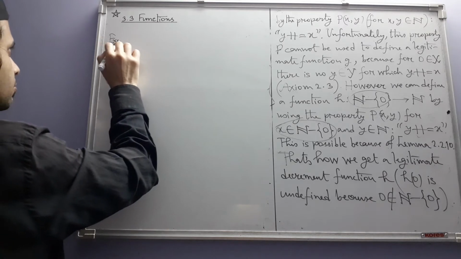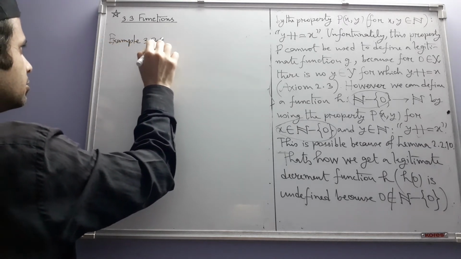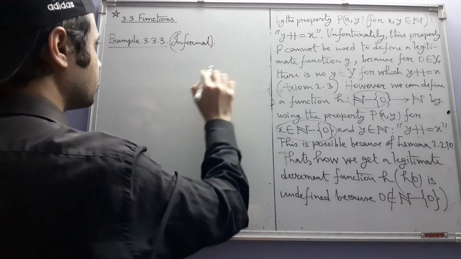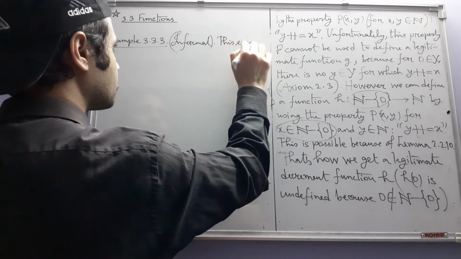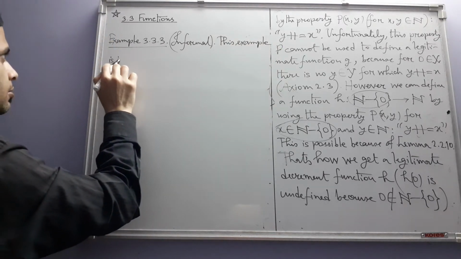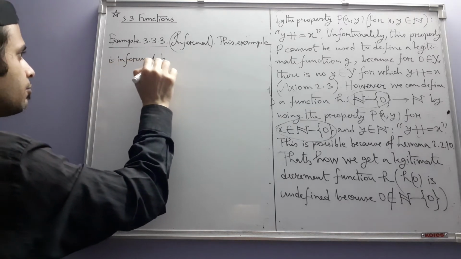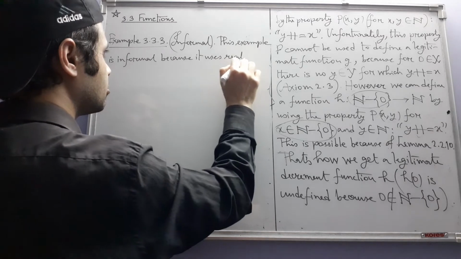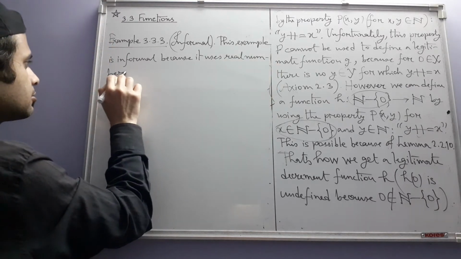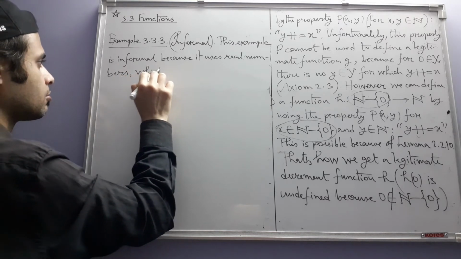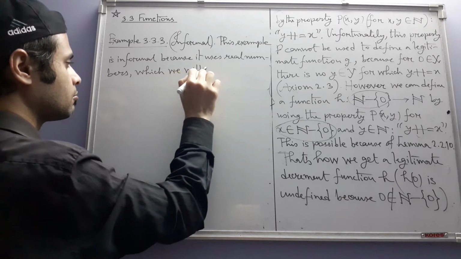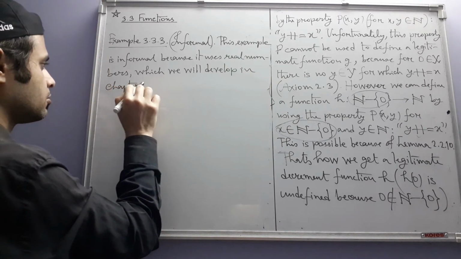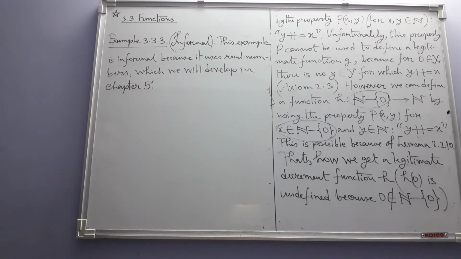So this will be Example 3.3.3, and this is informal because it uses real numbers, which we will develop only in chapter 5. Right now we are in the 3rd chapter.